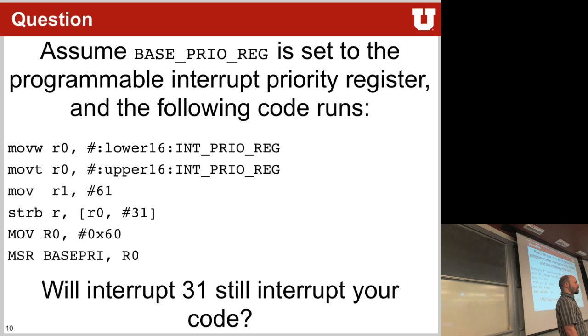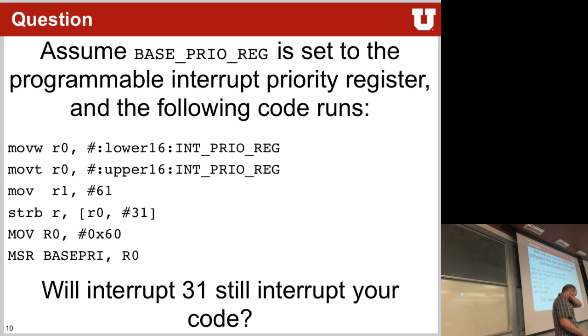I can't understand why it's turned off to 61. Because we wrote 61 into the priority register of interrupt 31. So we set interrupt 31 to a priority of 61. And then into base priority, we write 60. So 61 is below the threshold of 60, so it will be turned off.